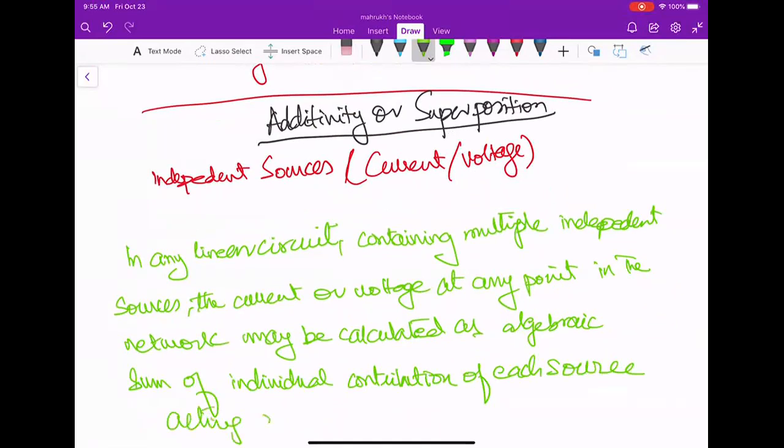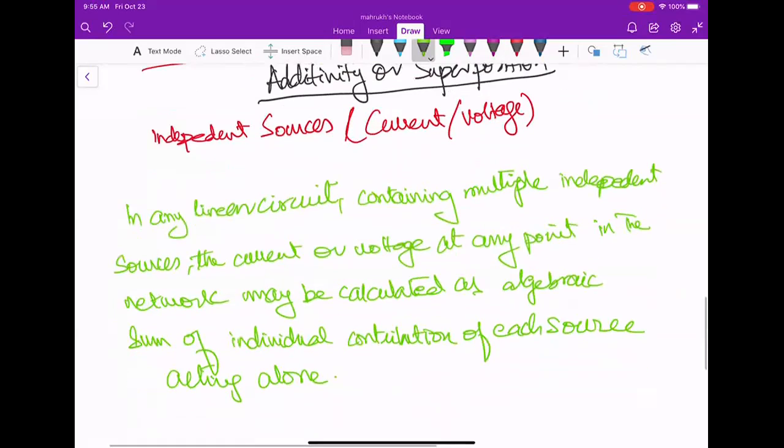Which means that, let's say you have I and V in the circuit. I means you have an independent current source I, and you have an independent voltage source V. They are both present in the circuit at the same time, so when you solve the circuit, you take the effect of both.